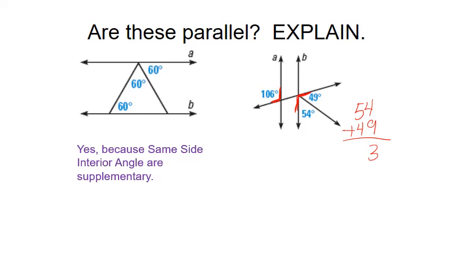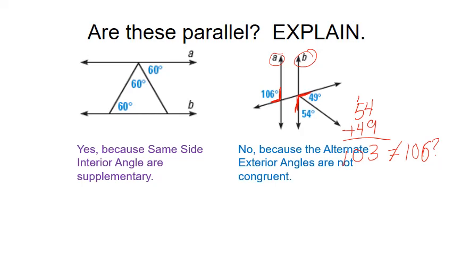Well, 4 plus 9 is 13, and 5 plus 1 plus 4 is 10. So, is 103 equal to 106? No, it's not. So because they are not congruent, we can say that these lines A and B are not parallel, because the alternate exterior angles are not congruent.